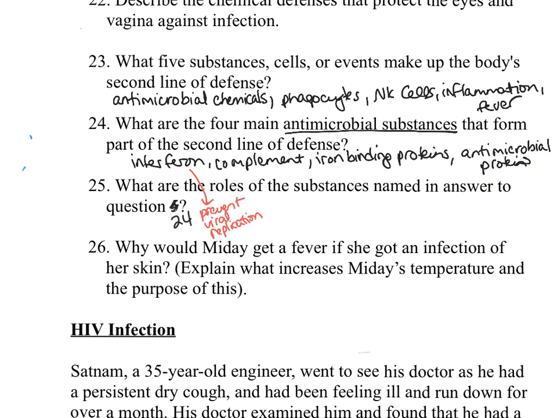The complement system that, when activated, causes a lysis of infected cells and promotes inflammation and microbial phagocytosis. Number 3, the iron-binding proteins reduce the amount of iron available to the bacteria, which bacteria need to be able to replicate. And 4, the antimicrobial proteins kill the microbes and attract other immune cells.